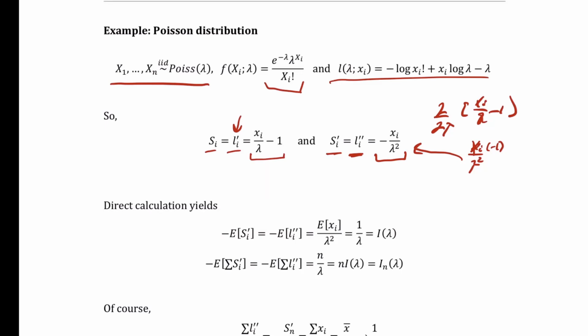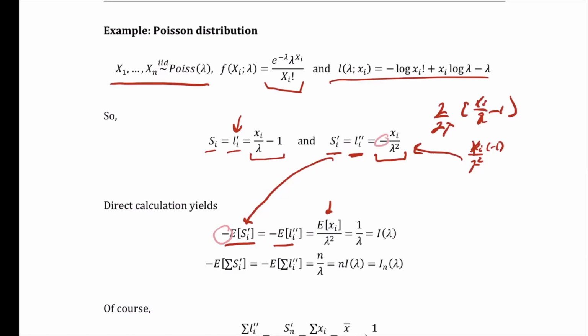Let's take the expected value of this thing. So I'm going to plug that guy in there. This is not too hard. It's the expected value, this by definition, and all I do is I plug this in here. Notice here, I've already taken care of the minus sign by putting it out front, so that gets rid of that minus sign.